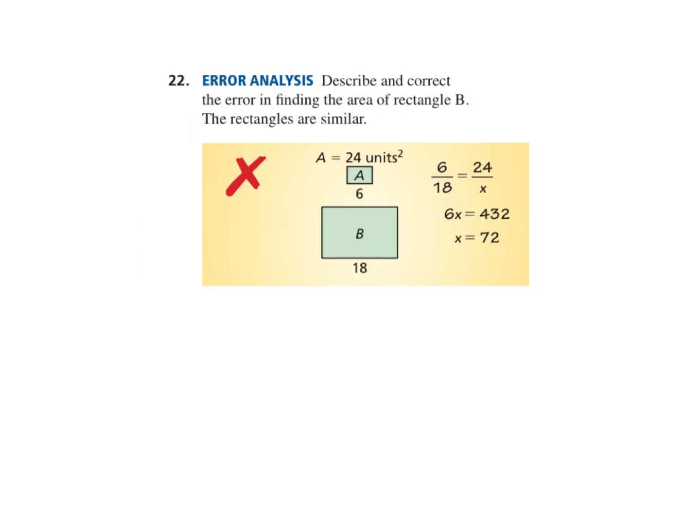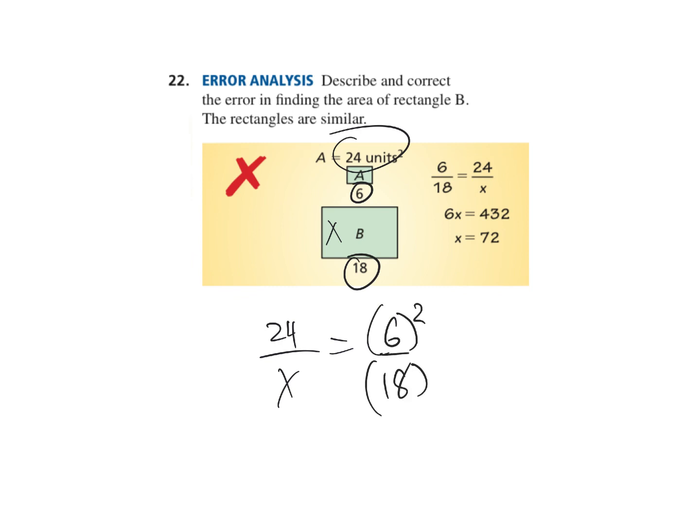Okay, so what did they do wrong here? Instead of looking, let's go ahead and solve. We want the area of rectangle B, the bigger area. So again, the areas together, 24 is to x, as the side lengths are squared to each other. Remember, area is already squared. You've got to square the legs.